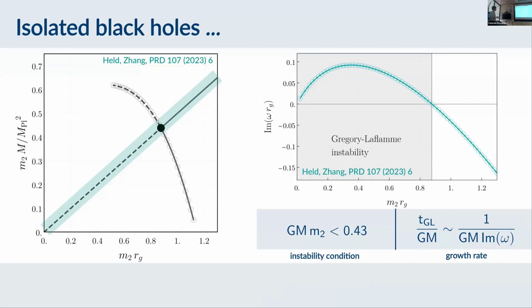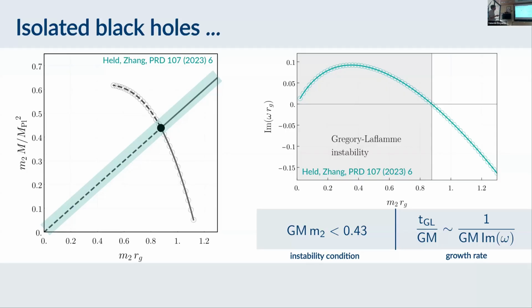So you can now linearize the equations around the Schwarzschild branch. And then you can perform a stability analysis, which will reveal the imaginary part of the respective frequencies. If the imaginary part is positive, the respective frequency will grow in time, which signals an instability in that particular mode.